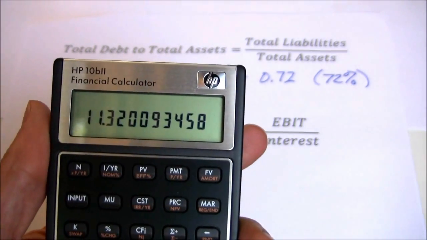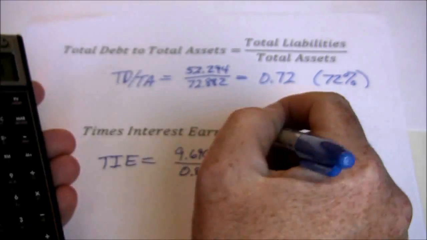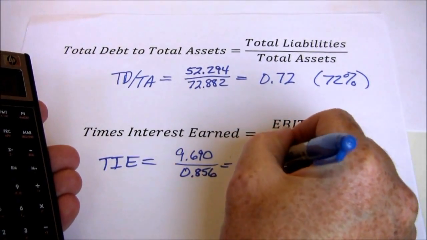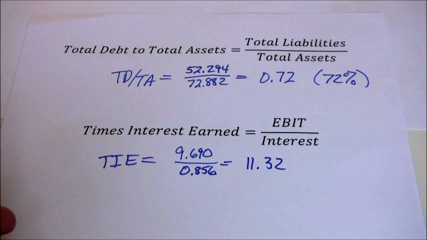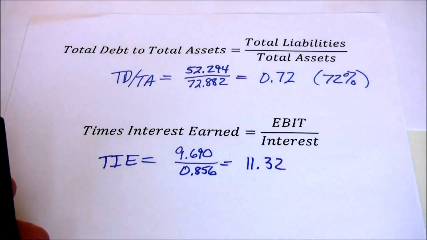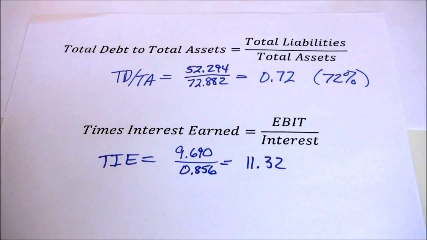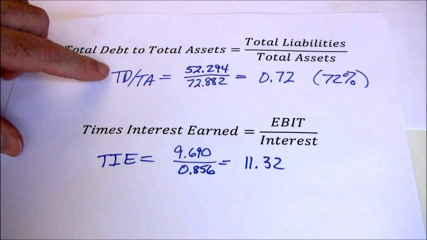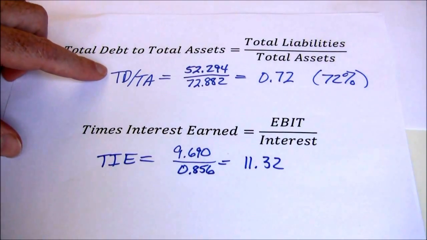And we get a times interest earned of 11.32. What that means is that with their current income, Pepsi is able to pay their interest payments more than 11 times, which gives us a little more degree of confidence in this higher total debt to total assets ratio.